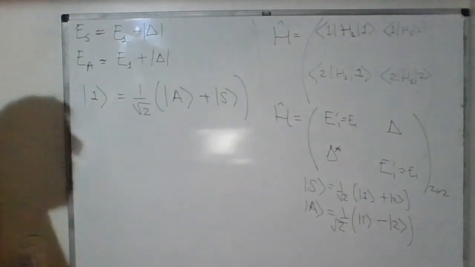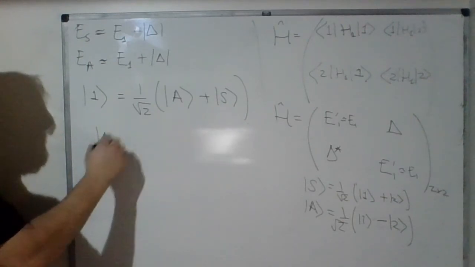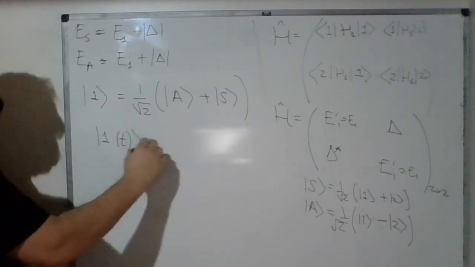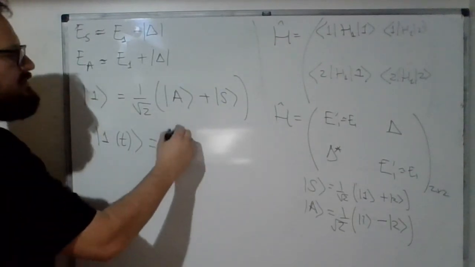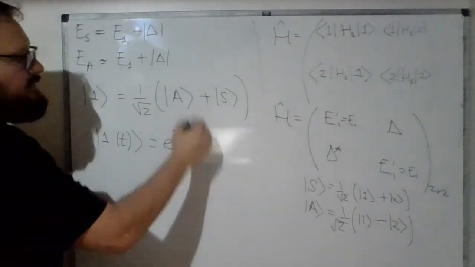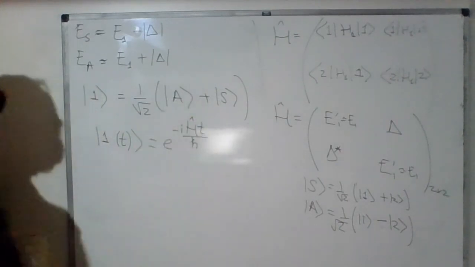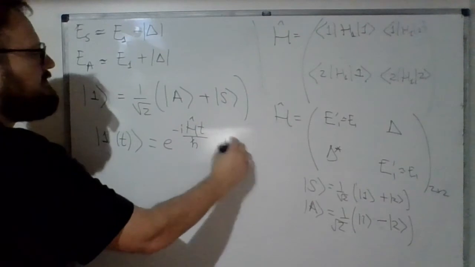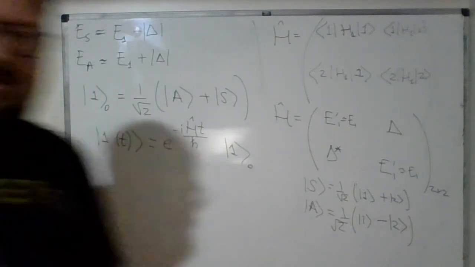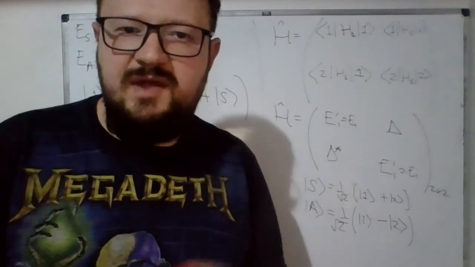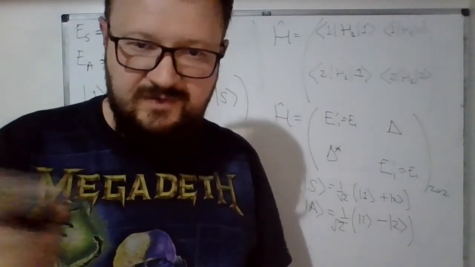In this way, you can calculate the evolution of this one over time, right? This state evolving according to time, which is just the full Hamiltonian times t divided by h bar times this state at 0 time, and you'll find out something like the spin precession, but here it is the flipping of spin.